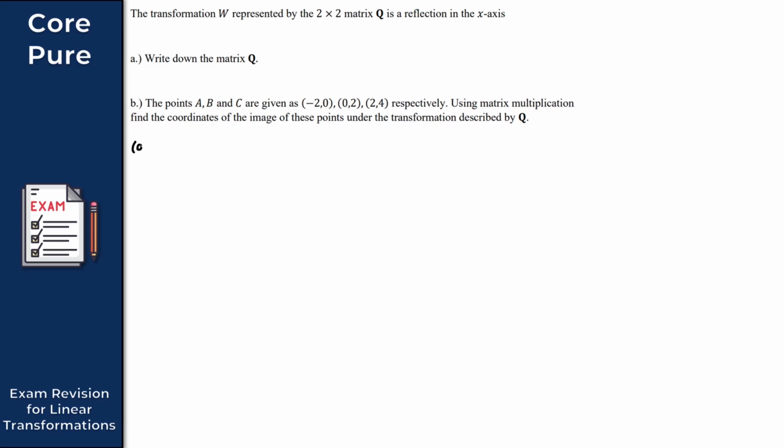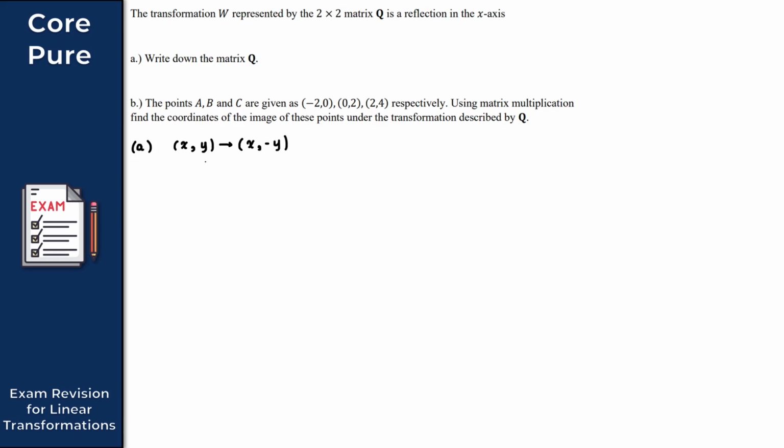So for part A here, we want to write down the matrix Q, where the matrix Q is a reflection in the x-axis. So basically what we're saying is the point xy will map to x, minus y, right? Because it's a reflection in the x-axis.